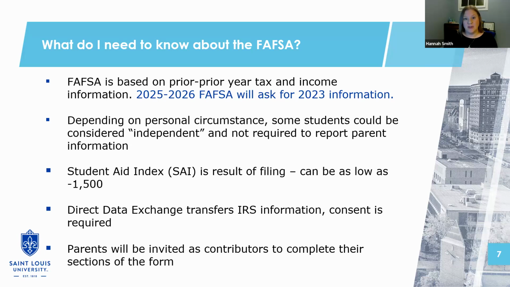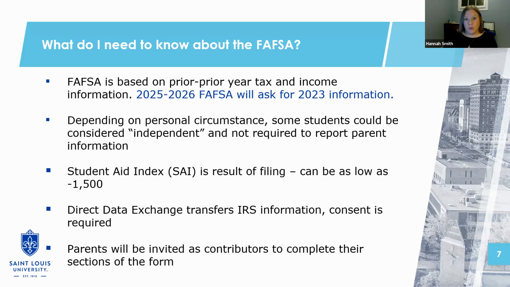So negative 1,500 is going to be the highest need, and those are going to be the students that are qualifying for maximum federal Pell Grant and maximum institutional need-based aid. The families that are on the 999,999 end of the index are likely not going to receive any need-based aid from institutions.